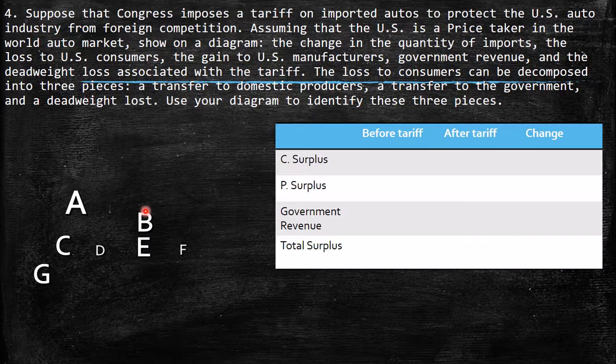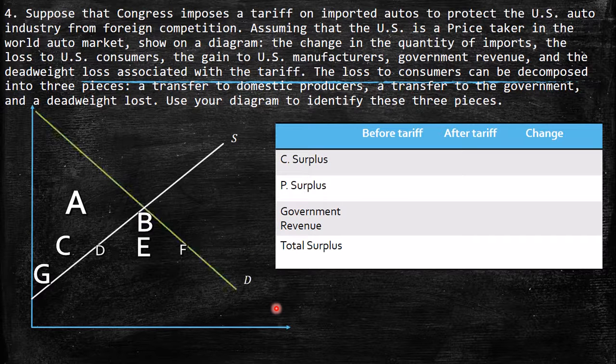We need to use our diagram to identify these 3 pieces. In the table, you already notice there is one new actor here, the government, because they fix the tariff, so they will receive some revenue. We will have the case before the tariff and after the tariff, and the change.